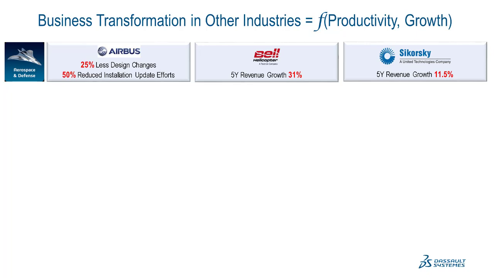And here are some examples where you can see that some of the leaders in the aeronautics industry are definitely thinking about business transformation through either reducing the design changes, improving their own replicability, increasing their own predictability. And you can see some of the outcomes that they have been using to measure their transformation.